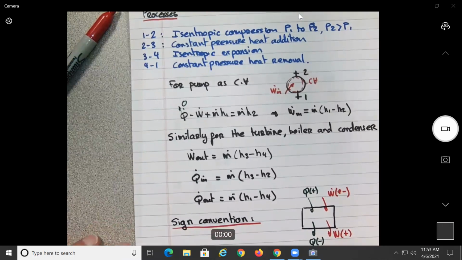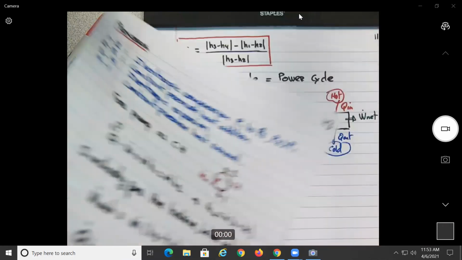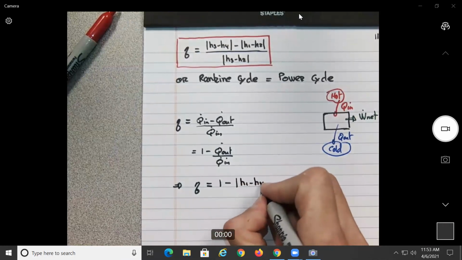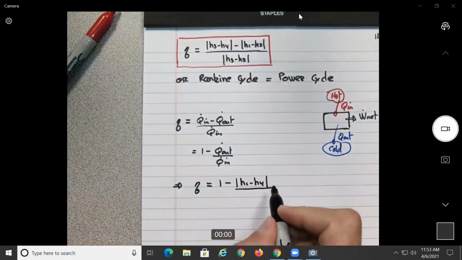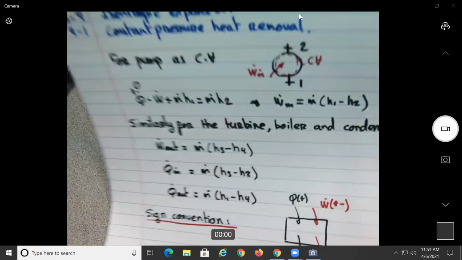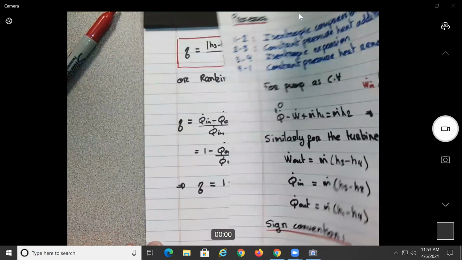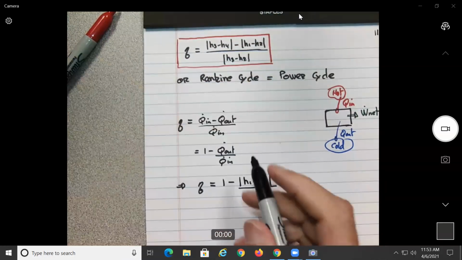You can see the m's will cancel out. So I'm just going to remove the m's now. It will be minus absolute value of H1 minus H4 divided by the Q in, which is the absolute value of H3 minus H2, but that one should be positive anyway, but we're still going to take the absolute value, even though it's not needed.